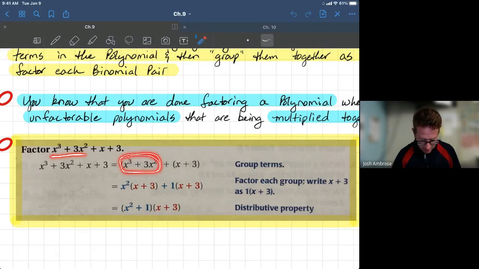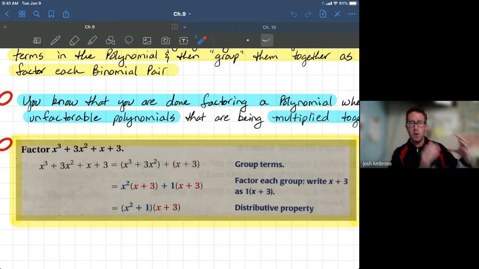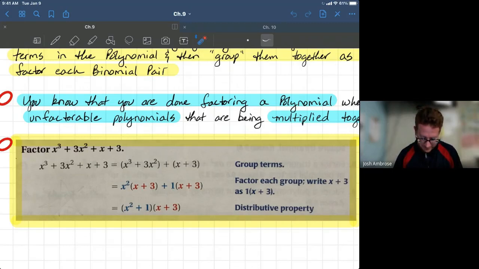Okay, so they are grouping, again, the first 2 terms together right there. Then you have this plus sign, and you're looking at x plus 3. That is right here, x plus 3. They group that together. Then we go one group at a time. For starters, x plus 3 can't go anywhere.